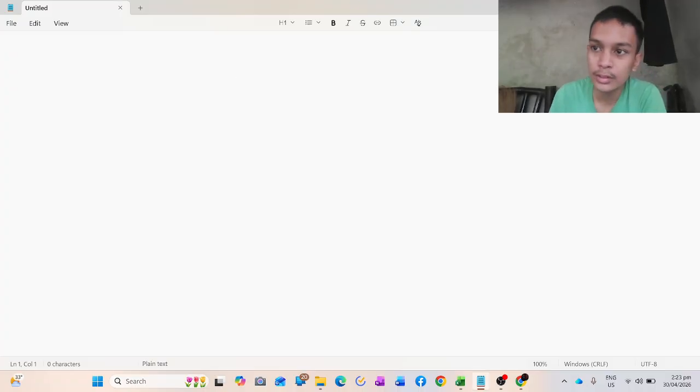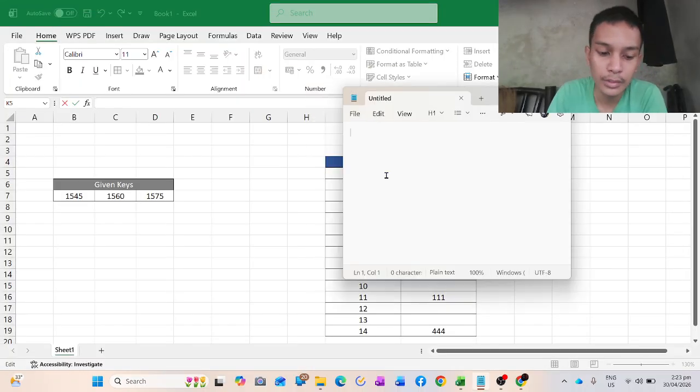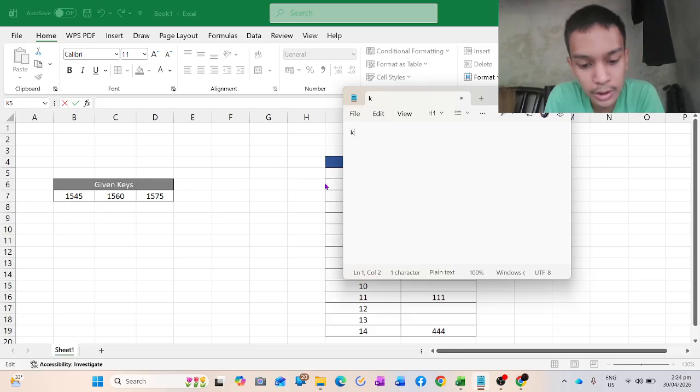First, we need to find out where we were supposed to put this. So the solution is the key modulo m, and m is equal to the number of indexes, which is 15.